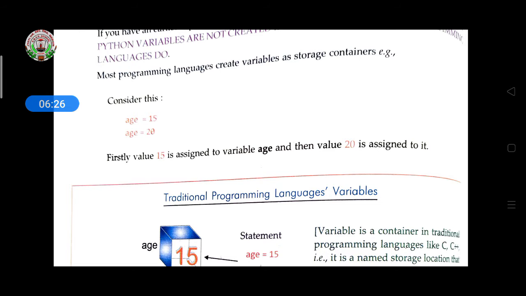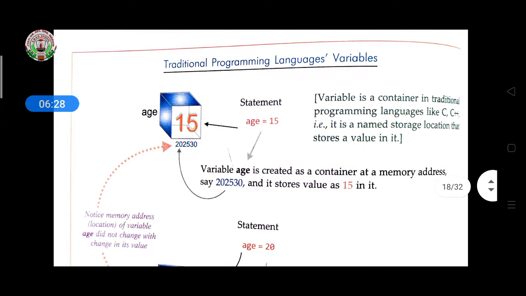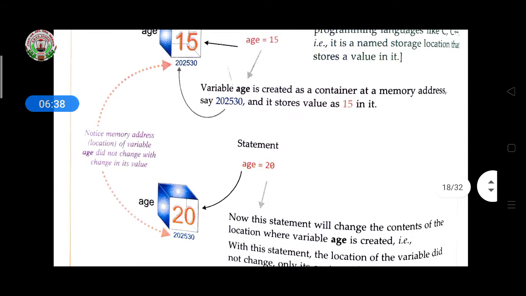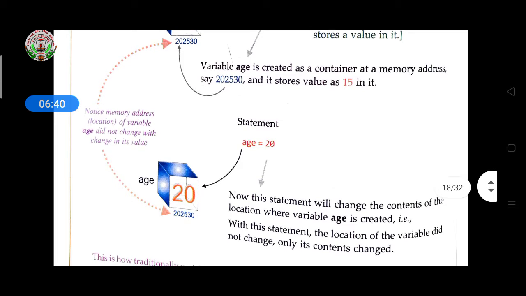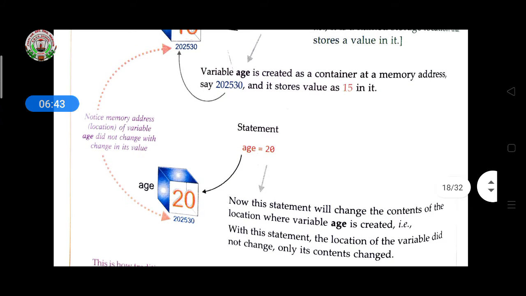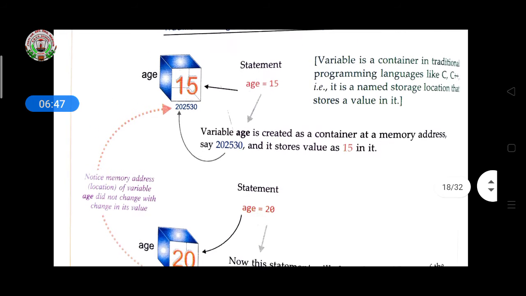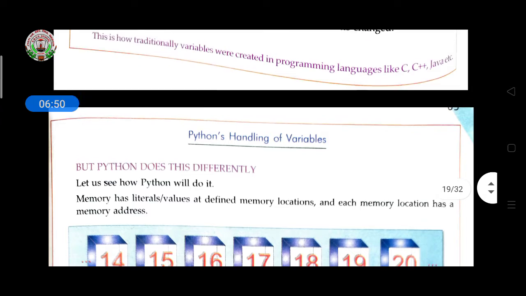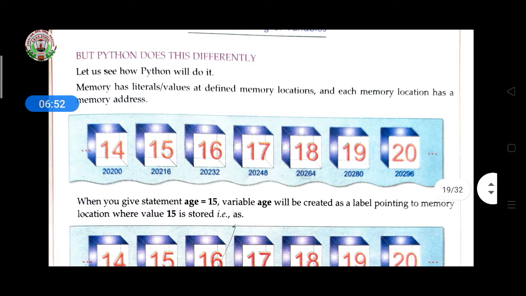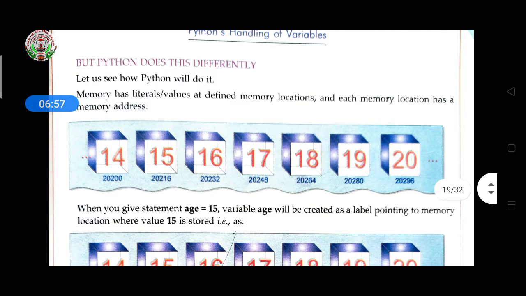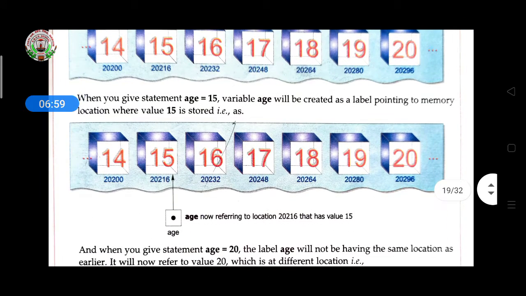Here the statement age is given, and the memory address is also given. The memory address is the same here, but the value is different. But Python does not do this differently; here it gives the value and the addresses.